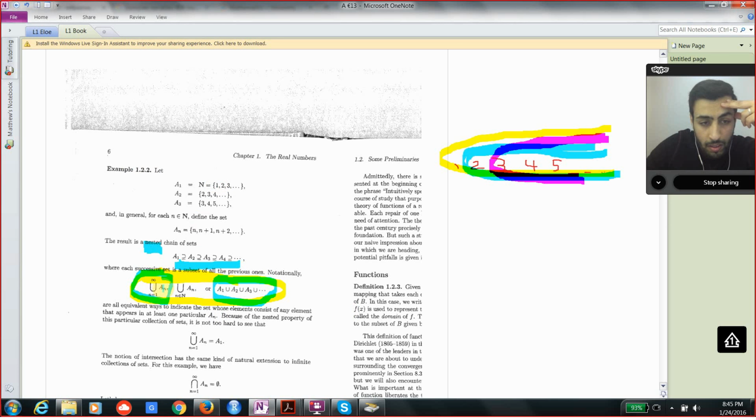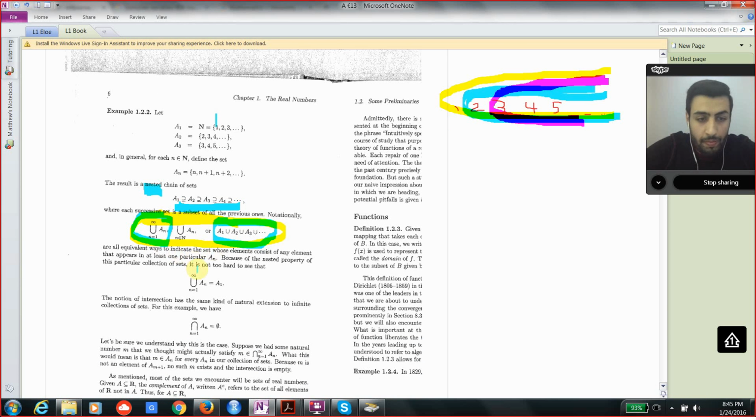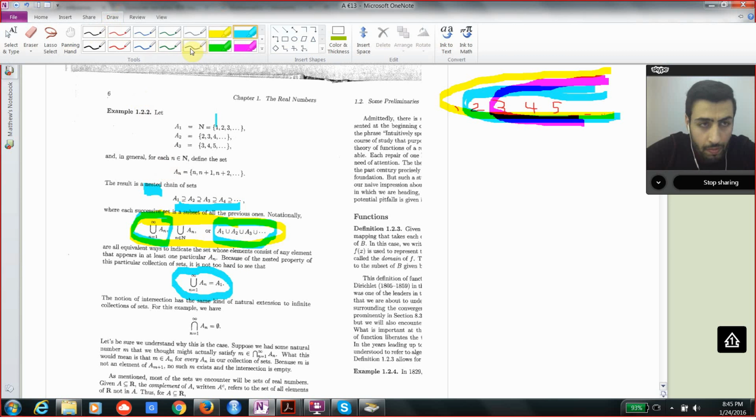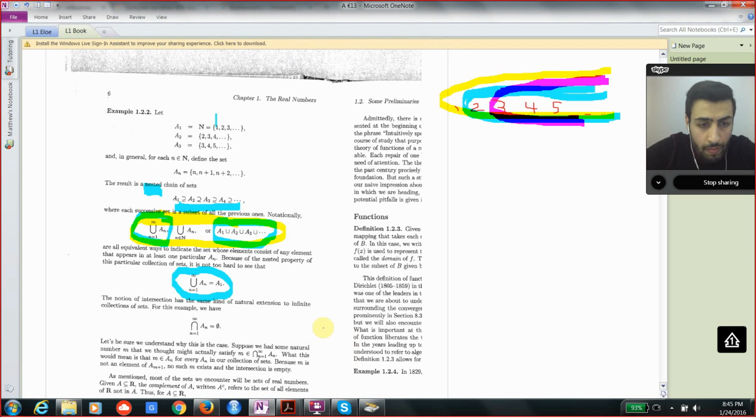If I'm in A1 and I'm not in any of the others, for example, notice that 1 is an element of this union, because 1 is in A1, and it doesn't have to be in the other ones. Now look at this. This is the intersection. This is a good thing to convince yourself of, so make sure that you believe this.